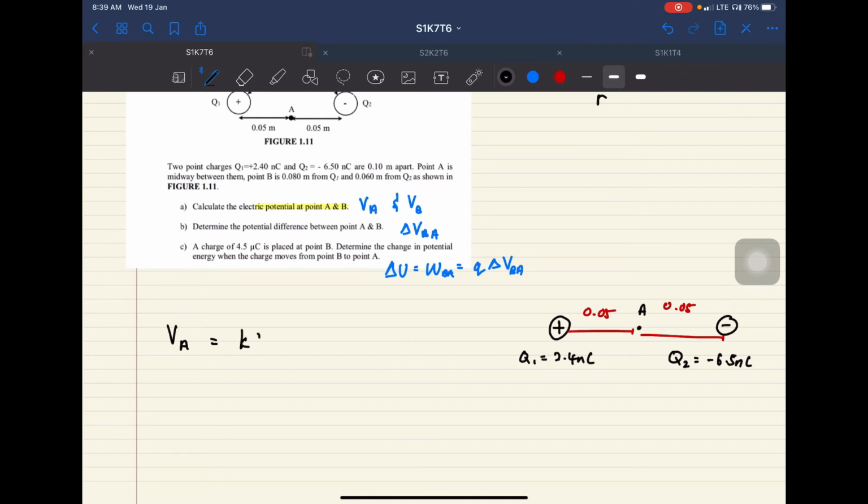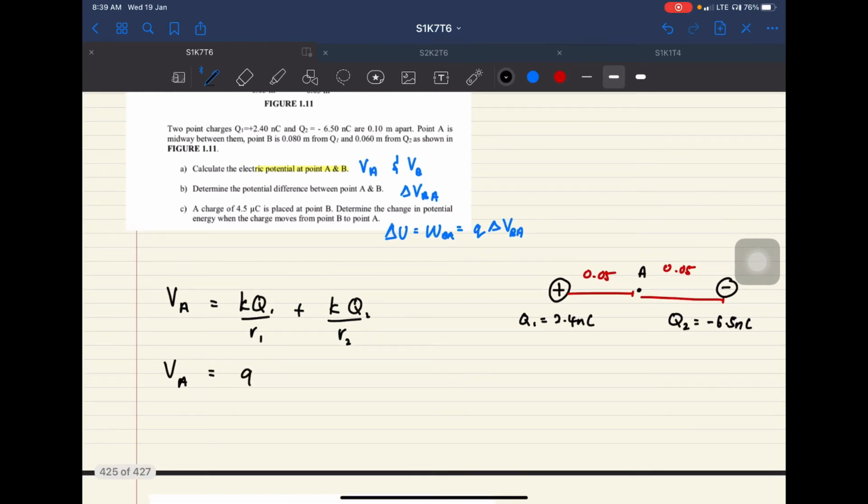So it will be KQ1 over R1 plus KQ2 over R2. Okay. K is the same, so I can factorize that one. R in this case is the same, so 0.05.